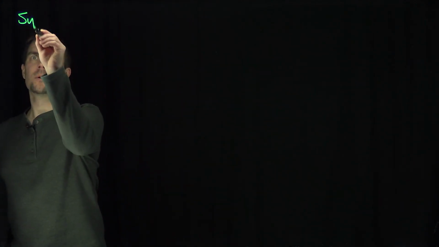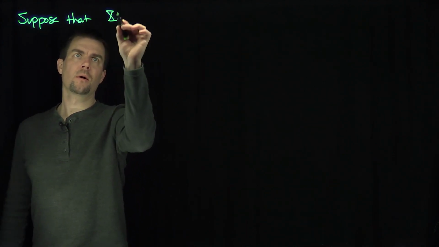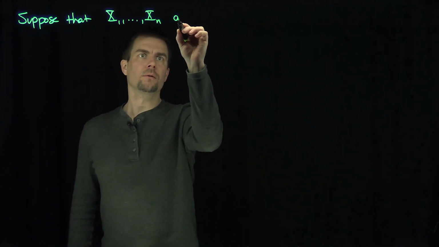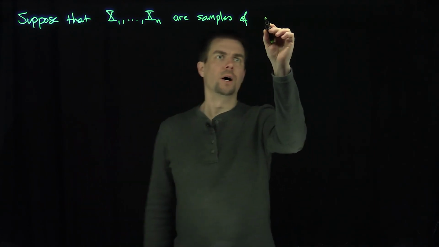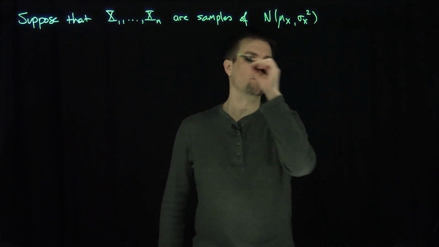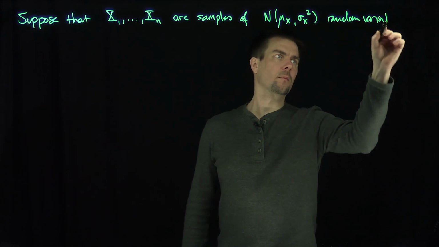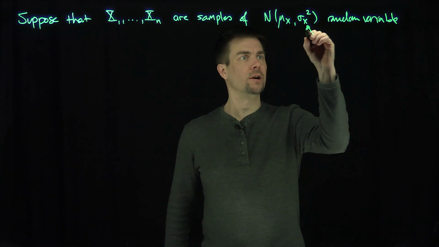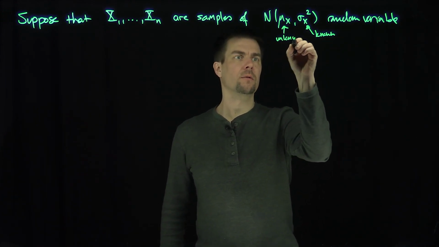Let's suppose that x1, ..., xn are samples of a normal(mu x, sigma x squared) random variable. Here I'm going to assume that sigma x squared is known, where the variance is a known quantity, and mu x is unknown.